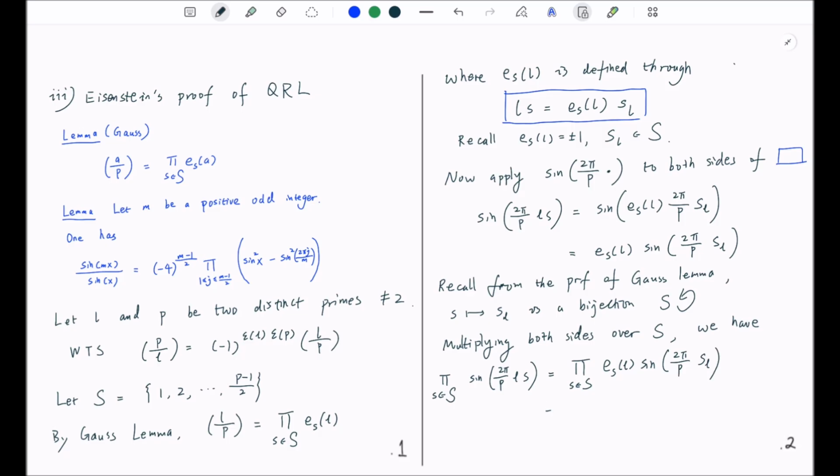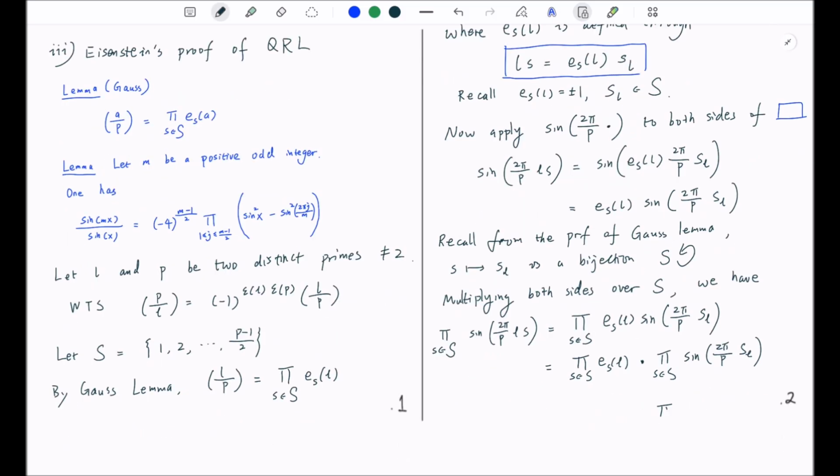For the right-hand side, we can break this into two parts. Now, if you look at this, because the map sending s to sl is a bijection of S onto itself, this part can be rewritten as just a product of sine of 2π/p times s, for s ranging over capital S. Now what about the first part?